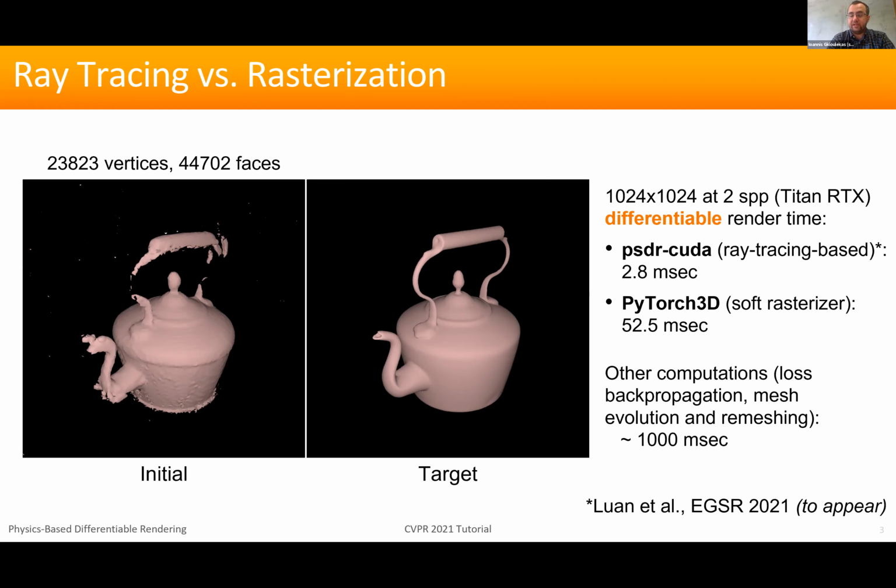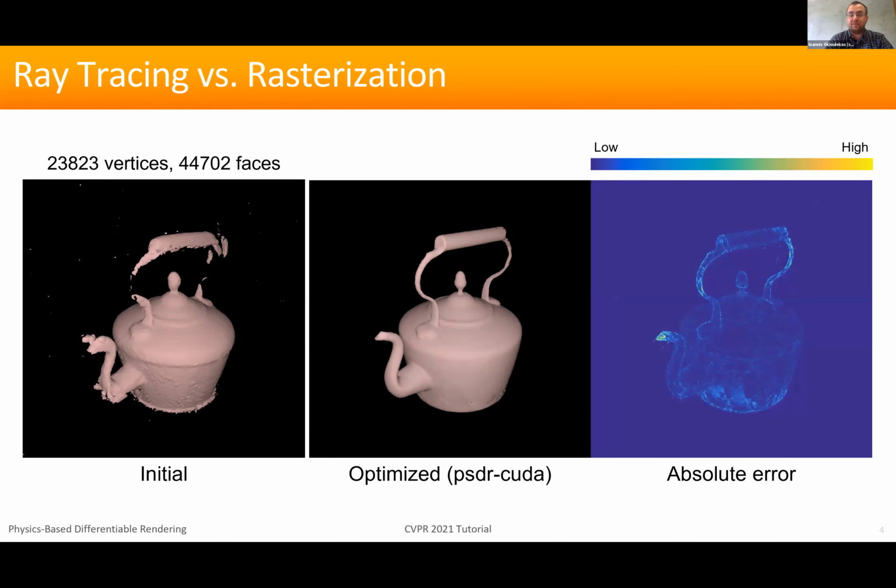They're the real bottleneck here, rather than the rendering time. So using ray tracing based differentiable renderers, it's perfectly feasible nowadays to solve these very high dimensional optimization problems that often people think are only feasible through rasterization based differentiable renderers due to performance issues, as shown here.